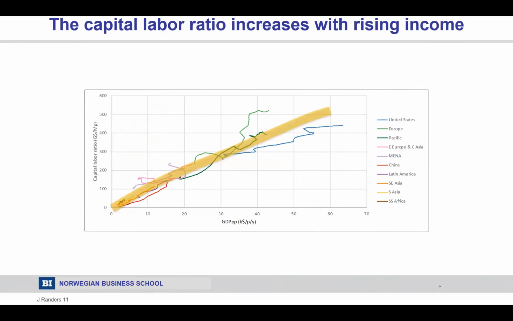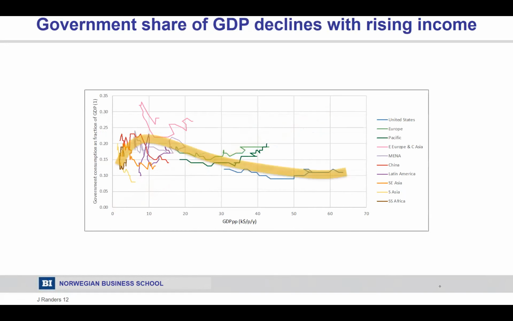The capital labor ratio, again interestingly, seems to increase more or less linearly with income. The government share of GDP is another very important decision made by societies. And of course, here, tradition and political choice make a bigger variation among the regions than in the other graphs.